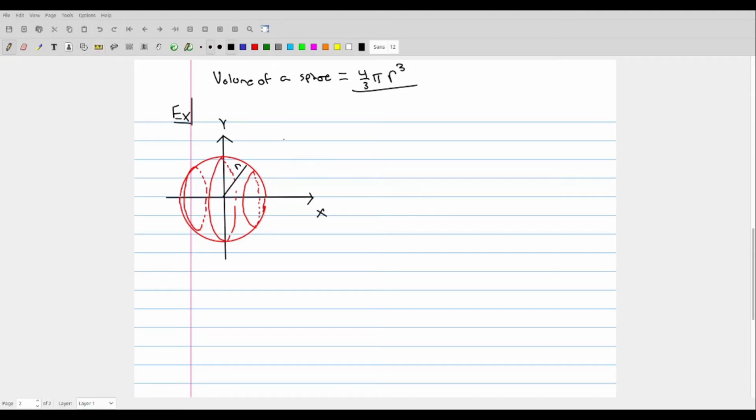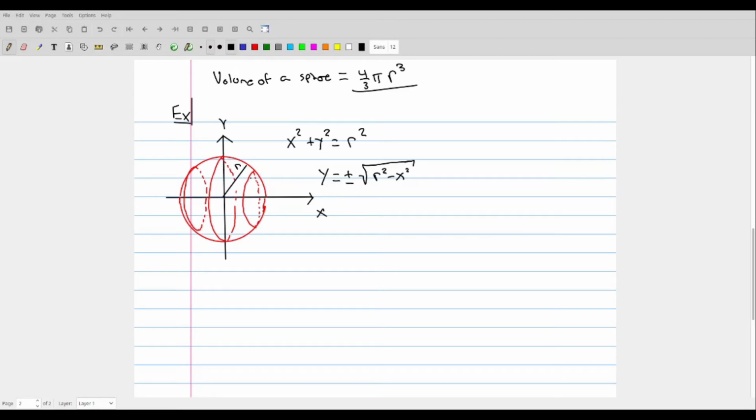So the circle equation is given by x squared plus y squared is equal to r squared. And you can solve for y by isolating y squared, and then y is equal to plus or minus the square root of r squared minus x squared.